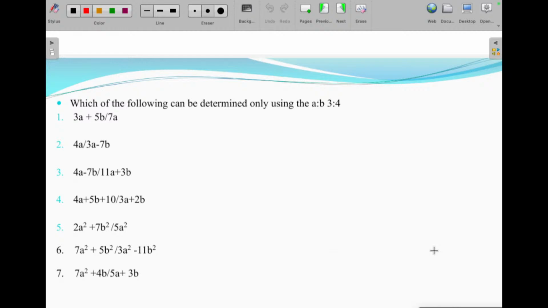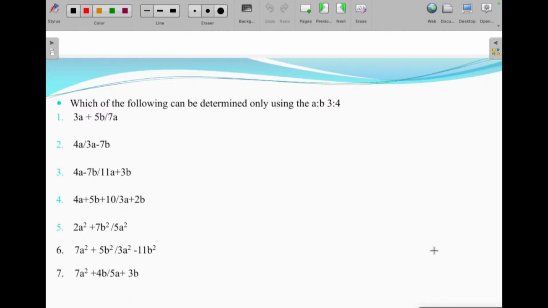This is the important question. Yesterday we solved these questions. Which of the following can be determined only using A is to B, 3 is to 4? These are the questions. Which values can be determined? This is the thing, you think about these questions.